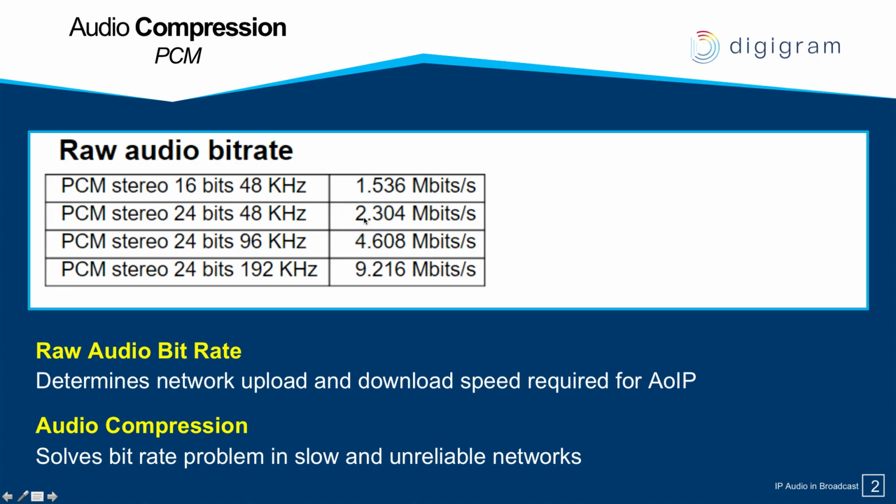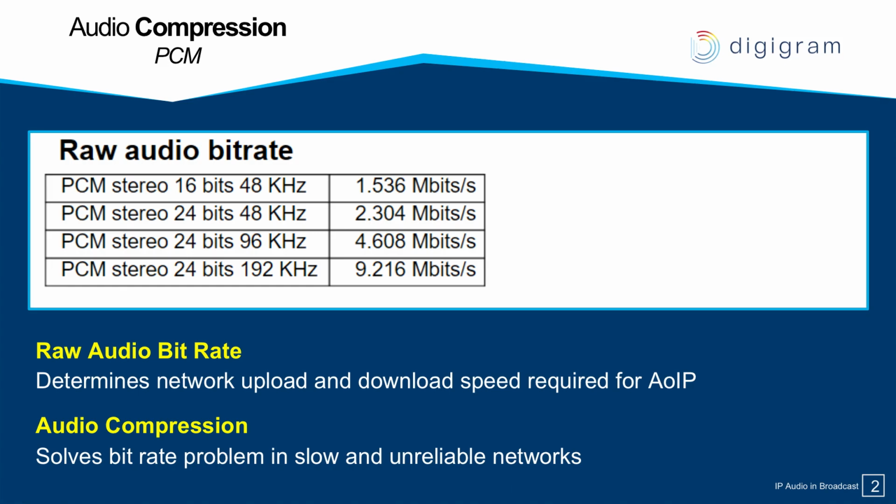So immediately your home internet might be a problem, and other networks that you have at your place of business might be a problem. This is where audio compression solves this bit rate problem over slow and unreliable networks, because this also assumes a very reliable network, which we generally won't have using the internet.